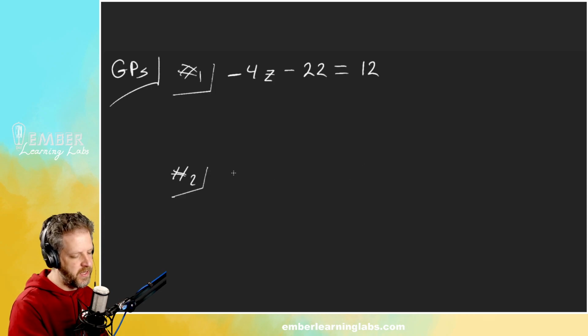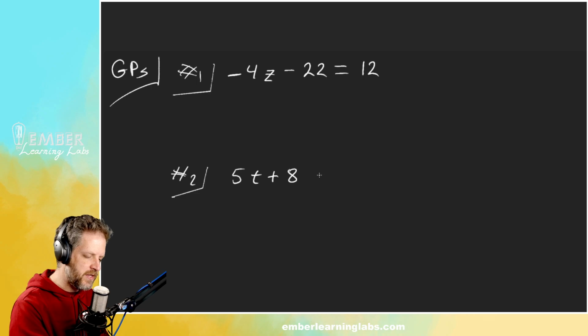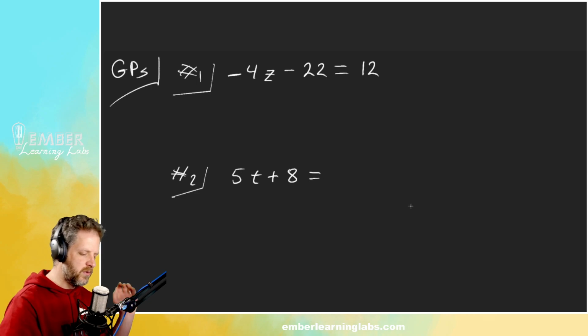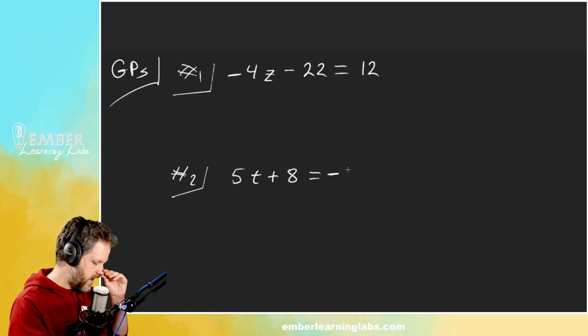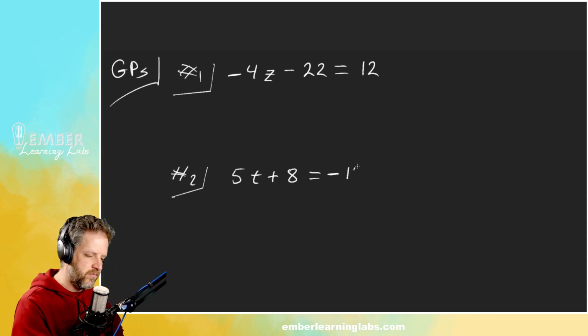I said that I didn't know it was GPs yet. Oh yeah, it is GPs. 5t plus 8 equals negative, we'll say 13.